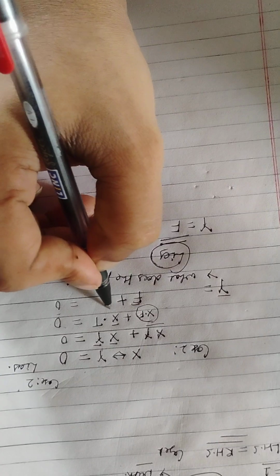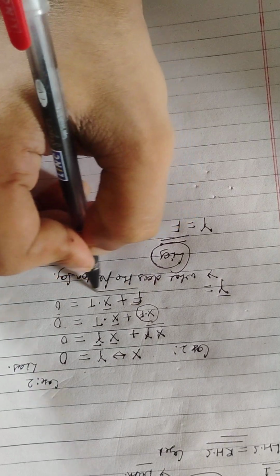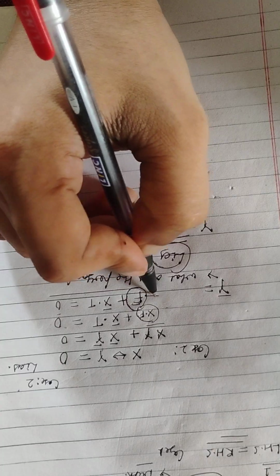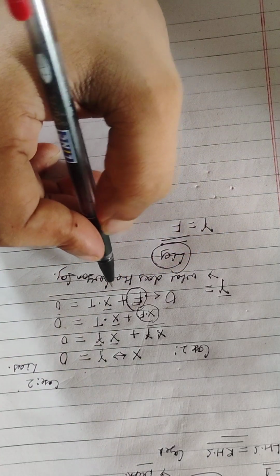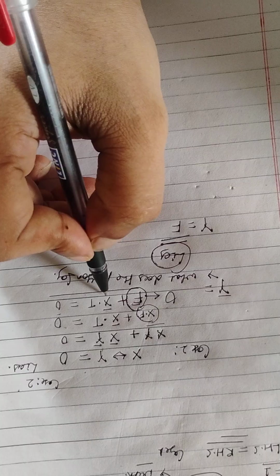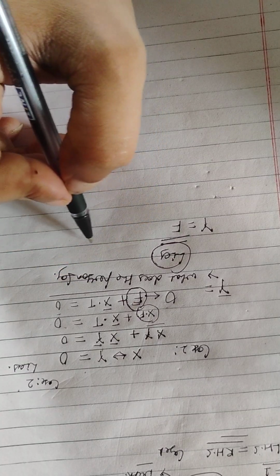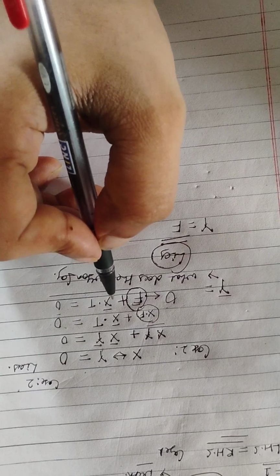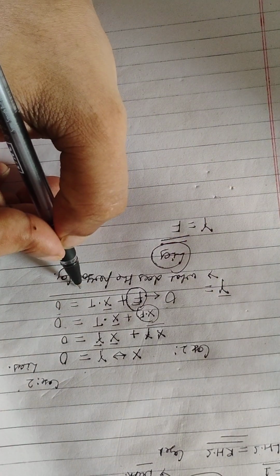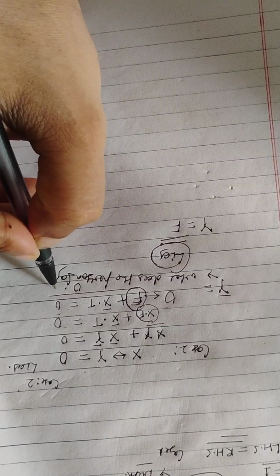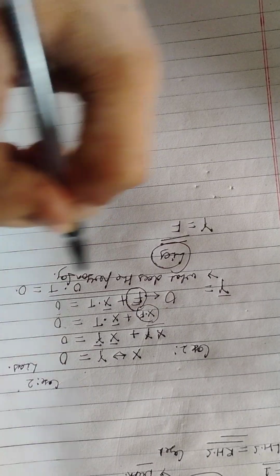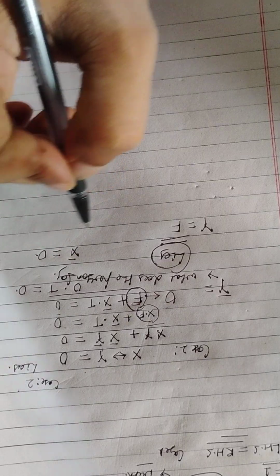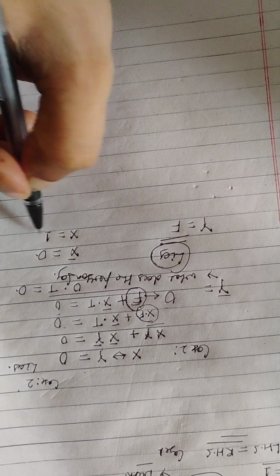So what should be the value of x bar so that the whole thing becomes 0? Now this part is already 0. Now this x bar should be equal to something multiplied by 1, which should be equal to 0. Therefore that something should be equal to 0. 0 into t should be equal to 0, right? So x bar is equal to 0, and x is equal to 1.